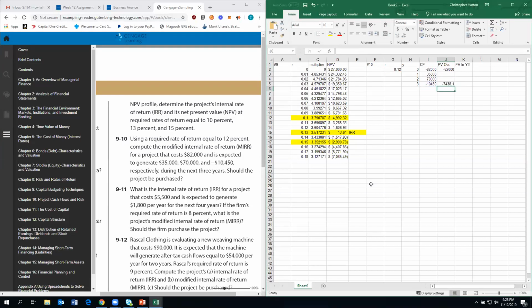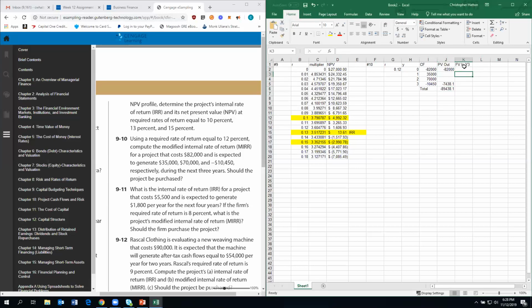That's negative 7,438.1. And then we want to get a total here and add these 2 together. And this is so we can calculate modified internal rate of return later on. So we need to use this number in our calculations.